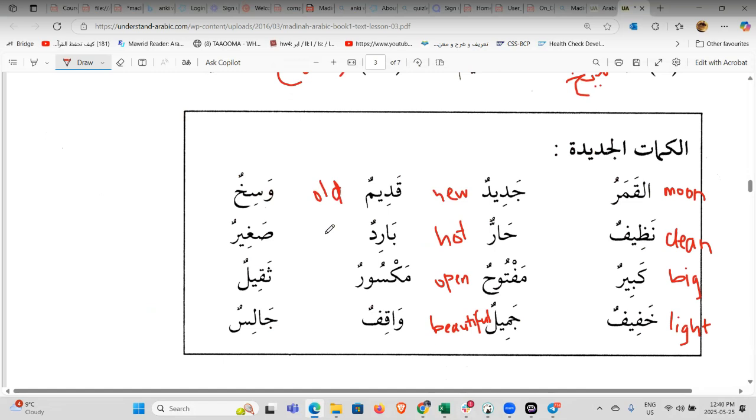Barid, cold. Maksur, broken. Waqif, standing.